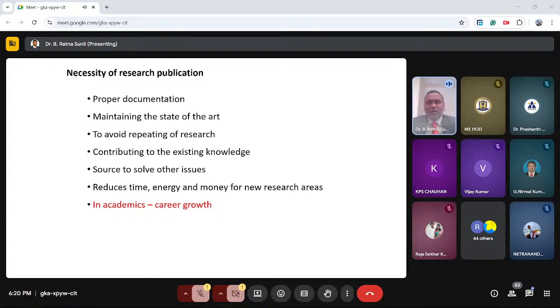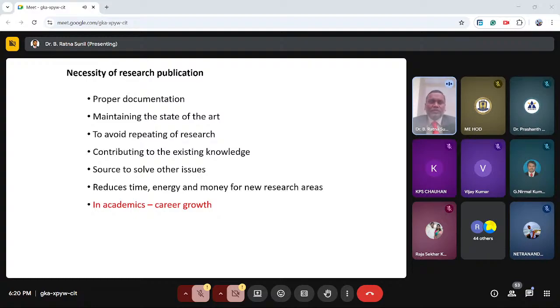And the second thing is maintaining the state of the art. If we don't know the current technological development in a specific field globally, we cannot have competing development compared with those countries. Therefore, to maintain the state of the art in our country, we need to publish the research results to avoid repeating research.